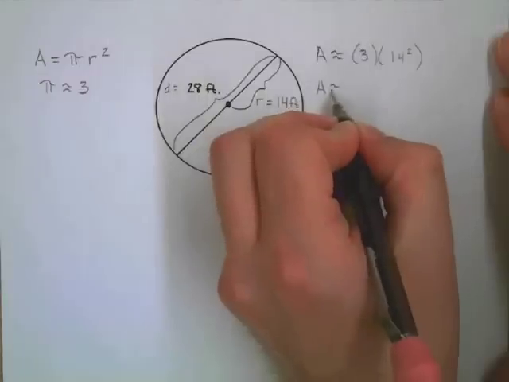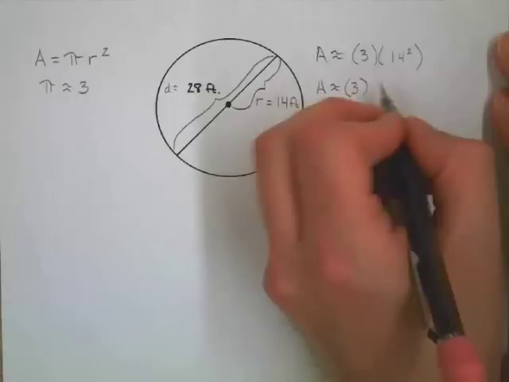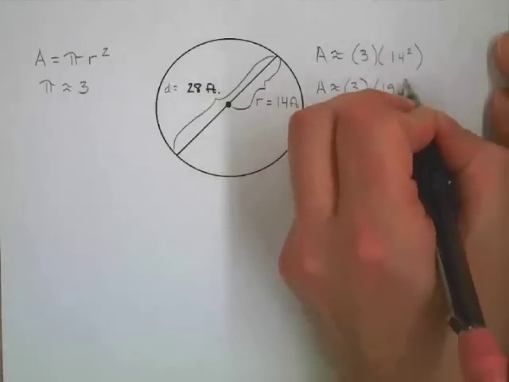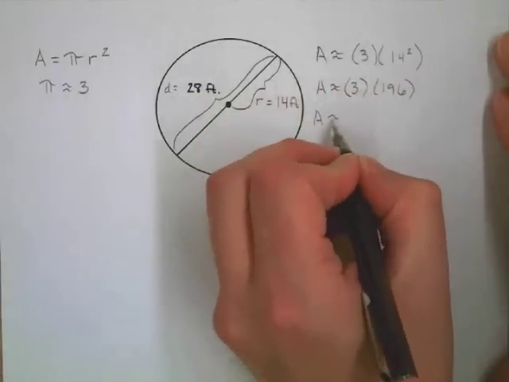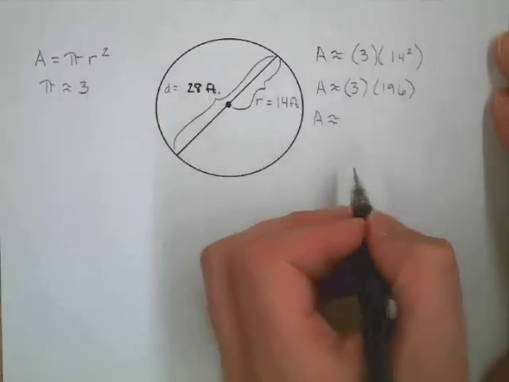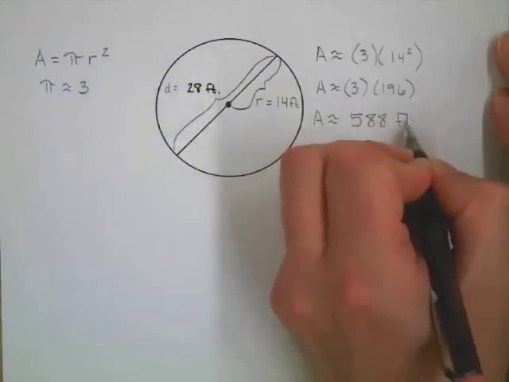If I multiply 14 times 14, I come up with 196. So now 3 times 196, so the area of this particular circle is about 588 square feet.